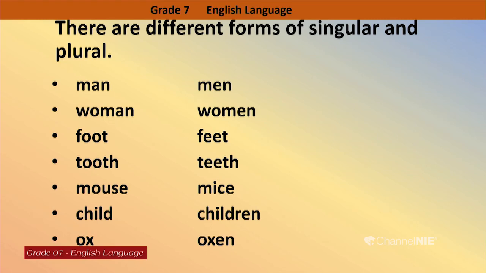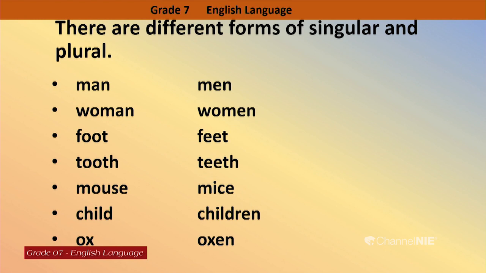If there are a lot of them, we use the word men. Look at the second word, woman, W-O-M-A-N. It becomes women. You can see W-O-M-E-N. A has become E.